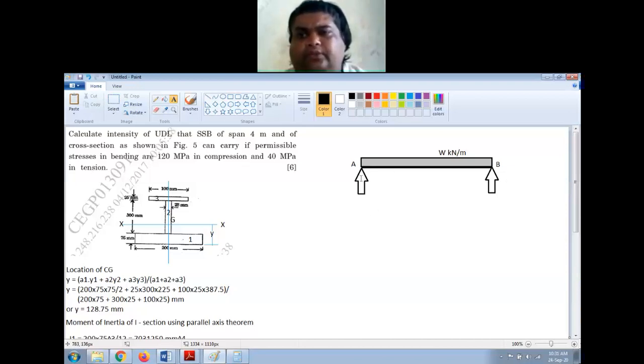Now, since there are no other loads, the reaction should be equal to half of the UDL on both sides.